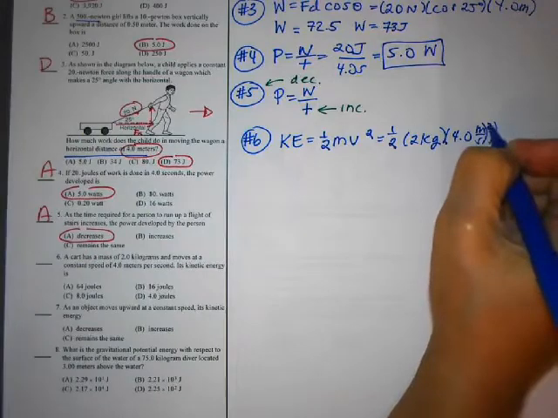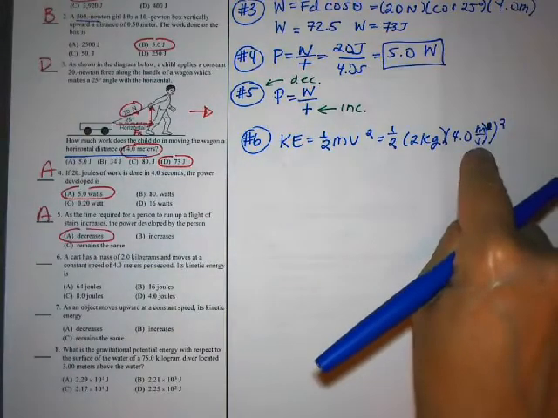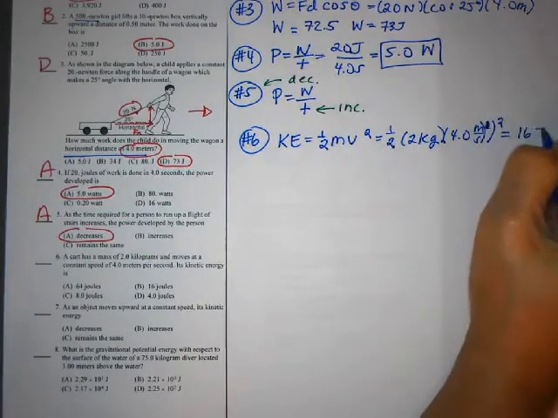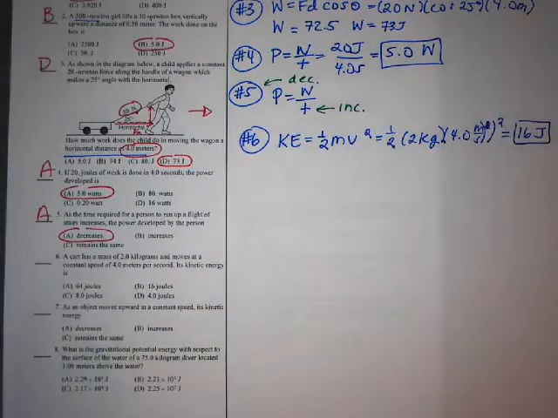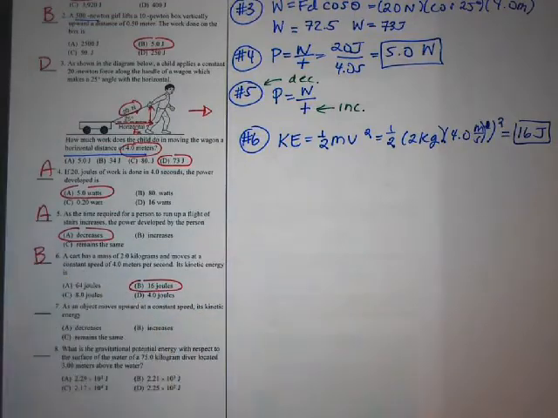Whoops, the squared is outside. And when I do 4 squared is 16, but 1/2 times 2 cancels out, so it's just going to be 16 joules. And that is right here, 16.